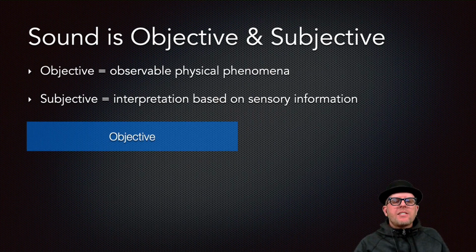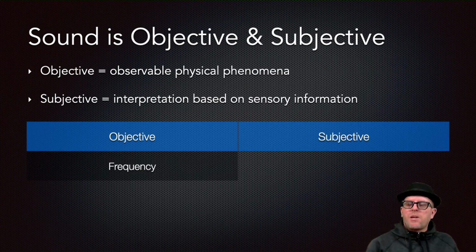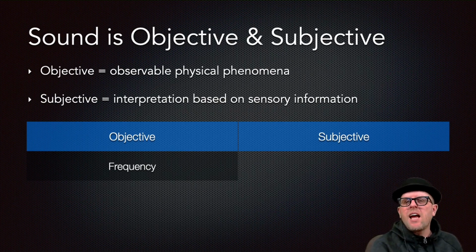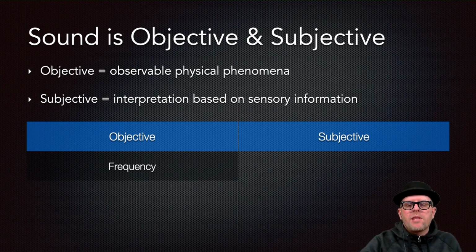So when we talk about sound, we have the objective side and the subjective side. The objective is what we call frequency, which is given in hertz. It's cycles per second. From AP1, we had a discussion on what cycles per second is, but we're not going to get heavy or deep because there's not a ton of math to do with it, though there is some math that can happen there. But the subjective side of that is what we call pitch.